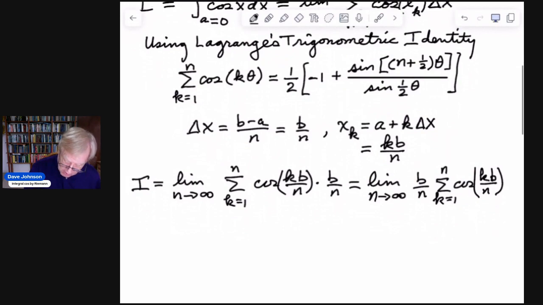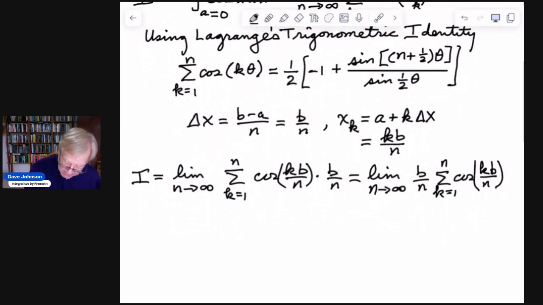So let me go ahead and make the substitution. In this case, the theta is our b over n. And notice that k does not appear in this expression, but the theta does, and so we'll be replacing theta with b over n. So let me go ahead and rewrite this. This is equal to the limit as n goes to infinity of b divided by n times the summation.